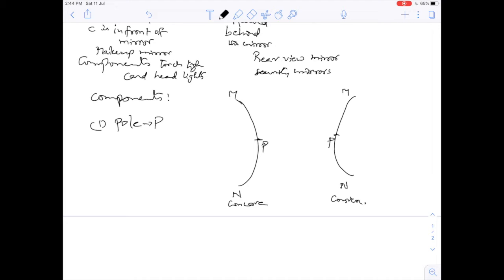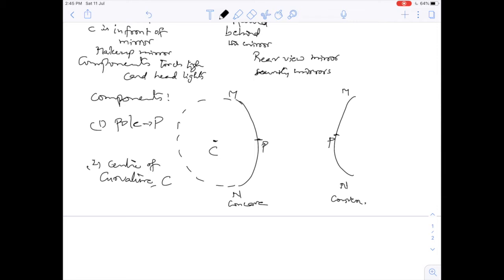Then the next one is the center of curvature. The center of curvature is denoted with the letter C, and it is not on the surface of the mirror, and not a part of the surface, but it is the center of the sphere of which the reflecting surface is a part.